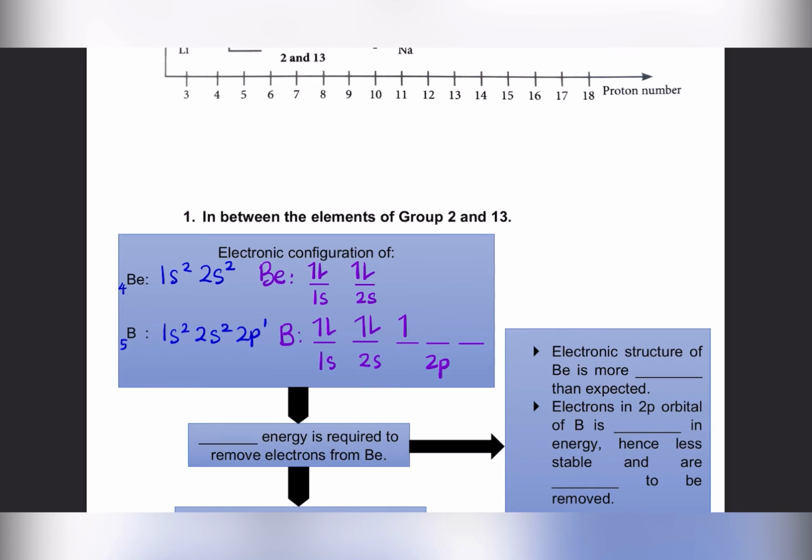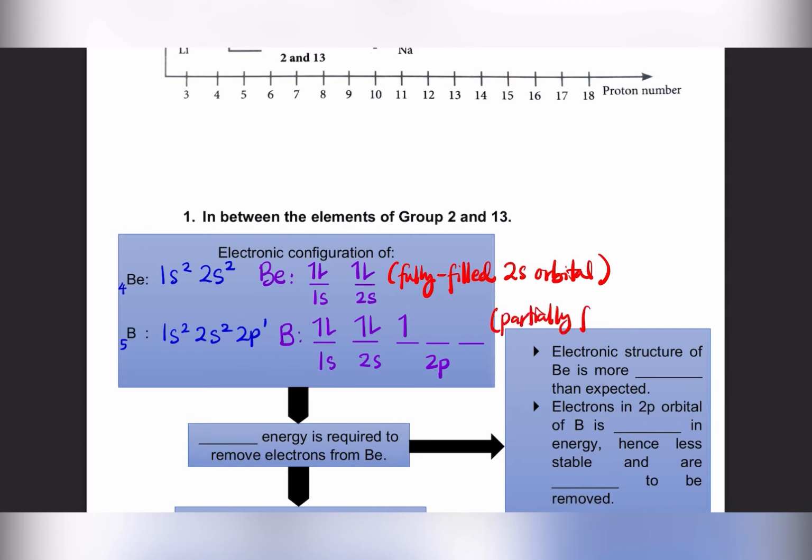So what can you see from this orbital diagram? You can see that for beryllium, you have a fully filled 2s orbital. However, if you take a look at boron, you can see that the 2p orbital is just partially filled.